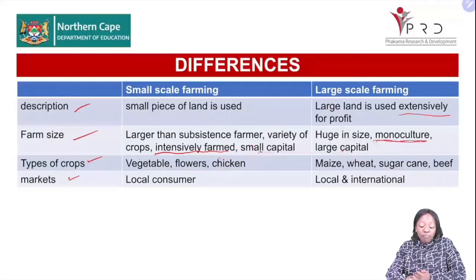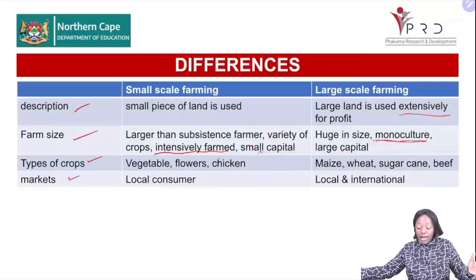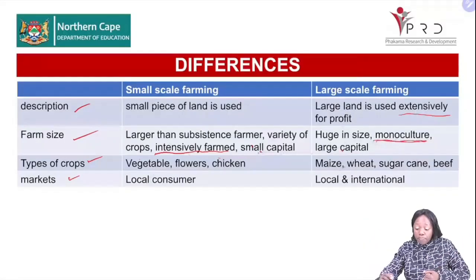Then in terms of the types of crops, remember we said these ones, they are using the variety of crops. So they can have vegetables, they can have flowers, they have chicken. Where else? In the large scale farming, because they are monoculture, they are only focusing on one culture. They can have maize in the large plot or in the huge plot or in whatever hectares of size in their plot, and they only have the maize.